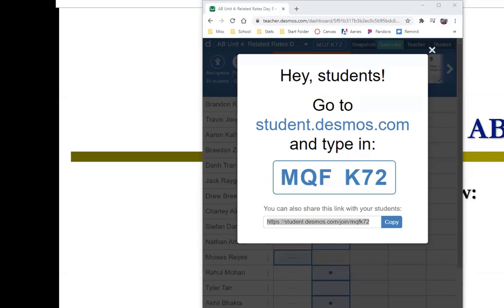Also, next week, Thursday is a minimum day, which means that Thursday's schedule is the same as Wednesday's. So Wednesday and Thursday will be those short 20-minute periods, which is just not enough time to do hardly anything. Because of that, our FRQ exam next week will be on Monday.